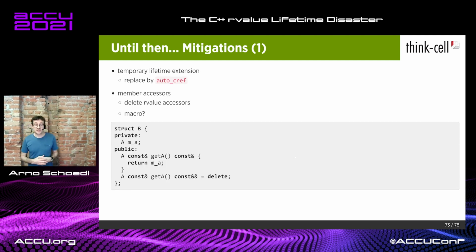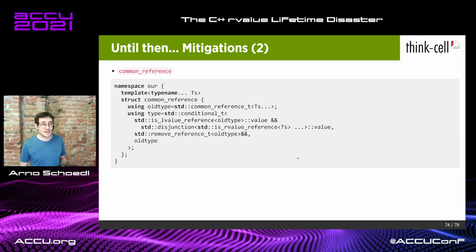Then for member access, we don't write regular member accessors. We build a little macro that deletes the rvalue reference overload, so that we can be sure that when these accessors are used, they're not used on rvalues and give surprising results. Here is a new common reference.